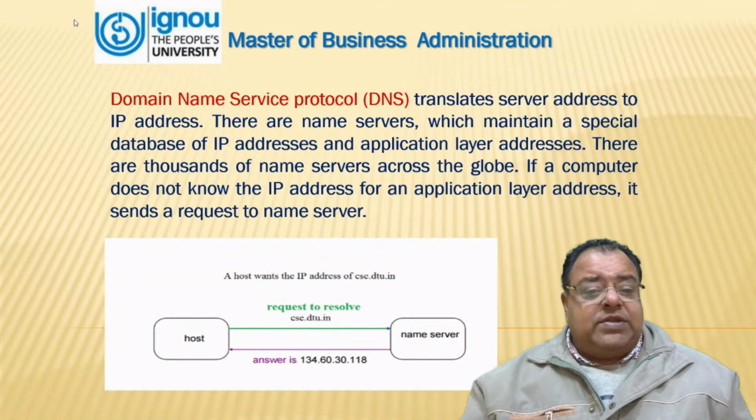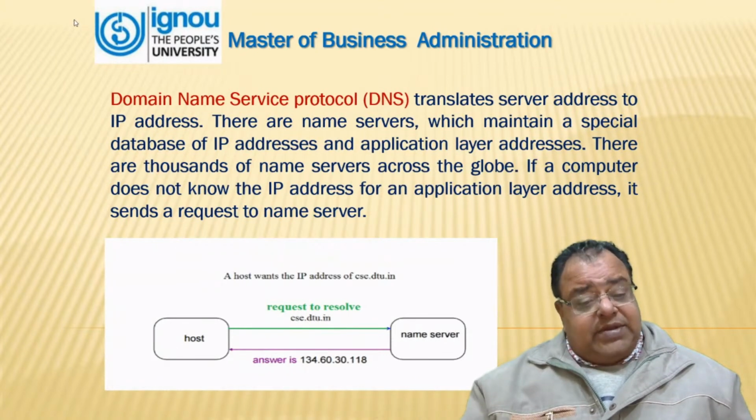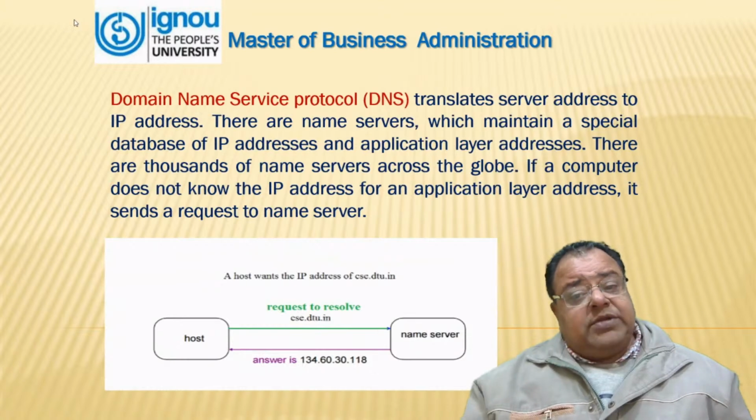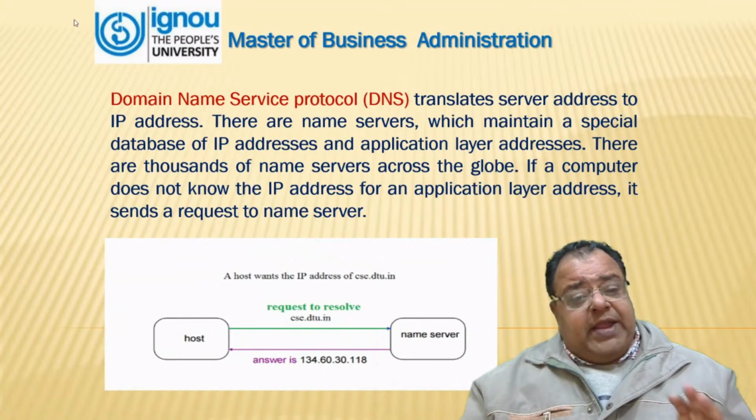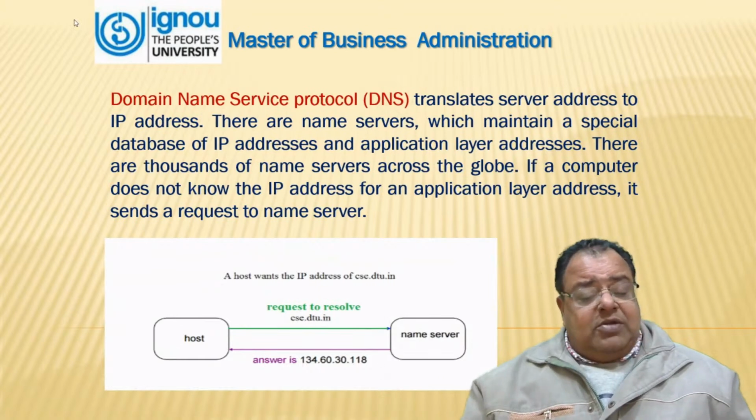The Domain Name Service protocol, DNS, translates application layer addresses to IP addresses. There are name servers which maintain a special database of IP addresses and application layer addresses. There are thousands of name servers across the globe.